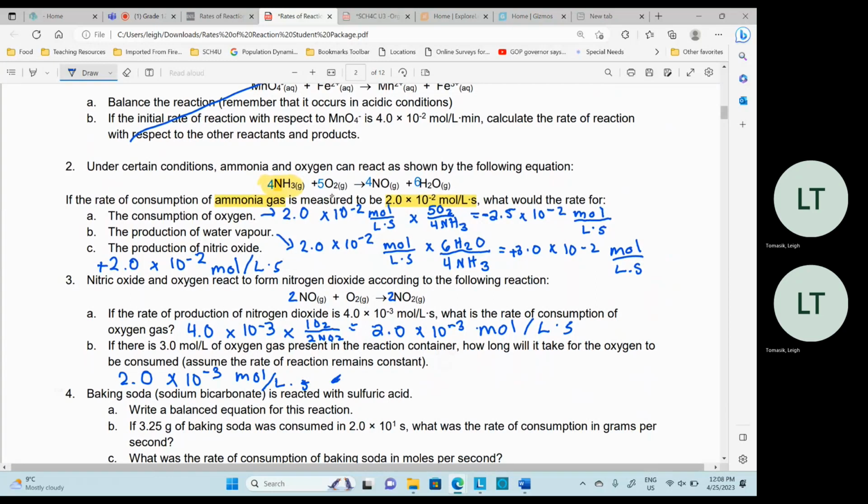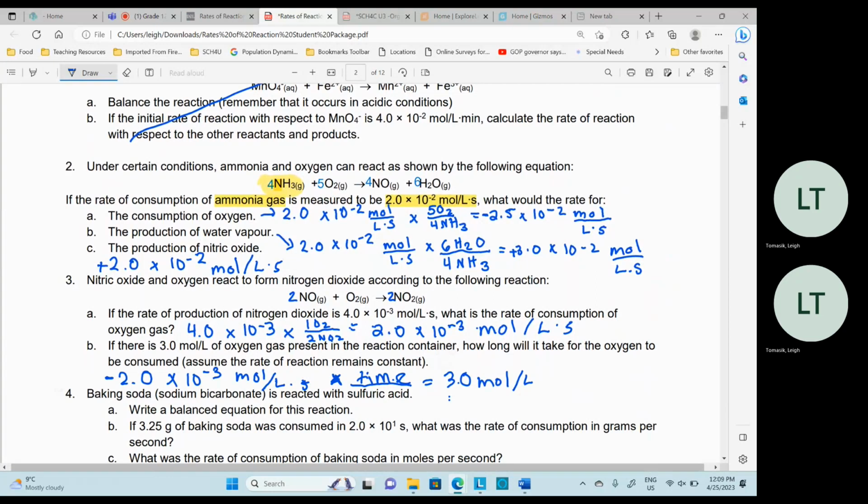So if we multiply the rate of disappearance by a time, we will get 3.0 moles per liter. So the oxygen will run out when we have 3 moles per liter gone.